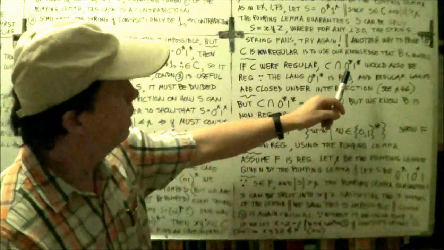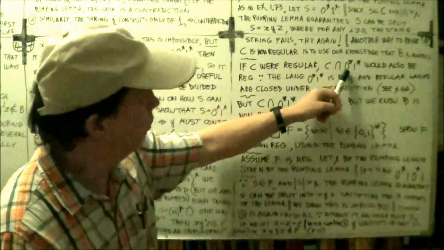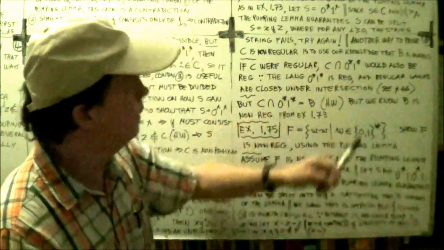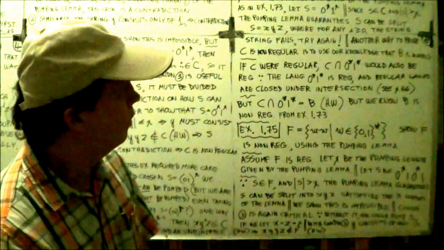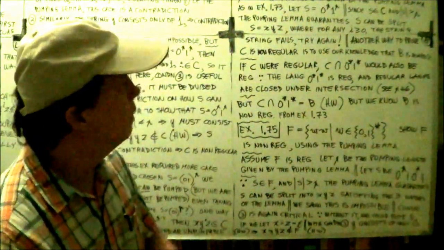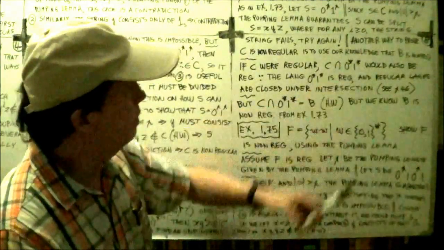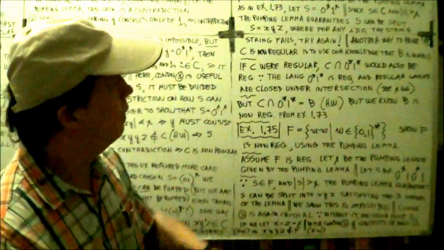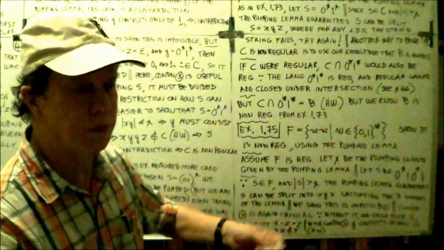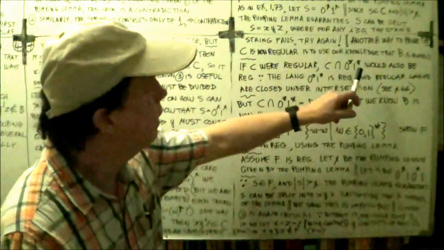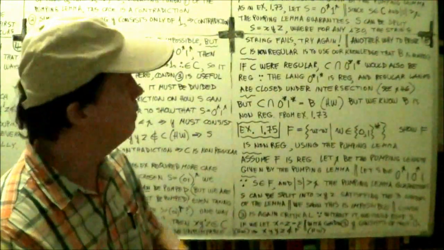Okay. Now this regular expression, 0 star 1 star, that is regular. Why is that? Well, 0 is a regular expression, therefore 0 star is a regular expression. We spent a lot of time proving all that kind of thing. Now 1 is a regular expression, so 1 star is a regular expression. Okay?